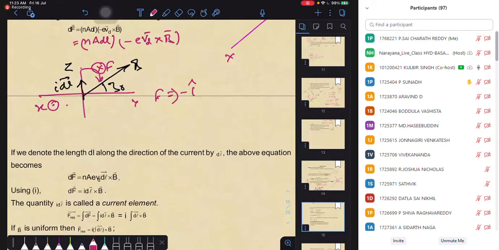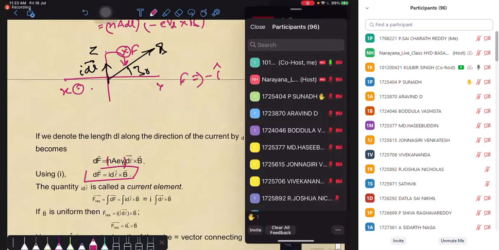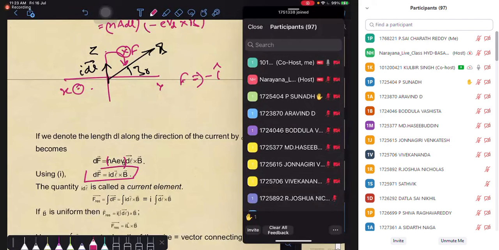So I can get this relation. Now this n e A v_d represents my current. So I get the force as I dl cross B, right? I dl cross B, that is the force experienced by the small section.